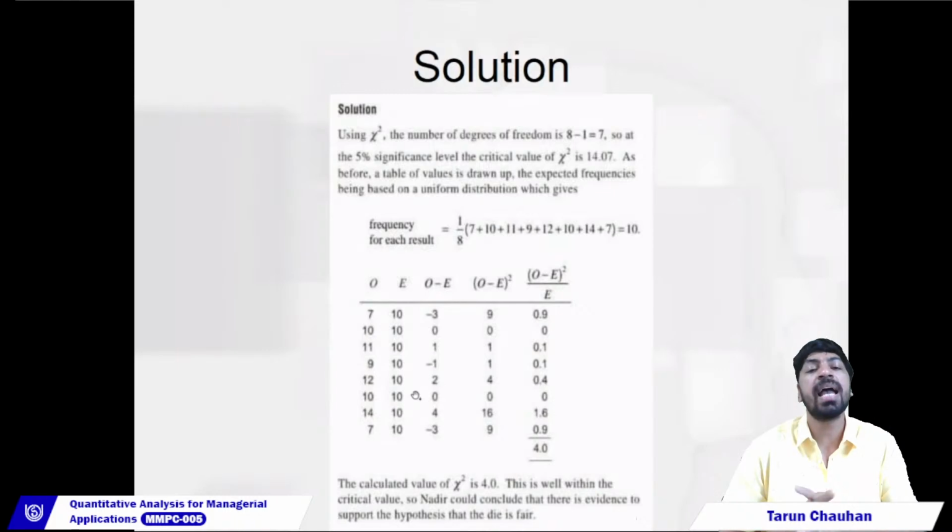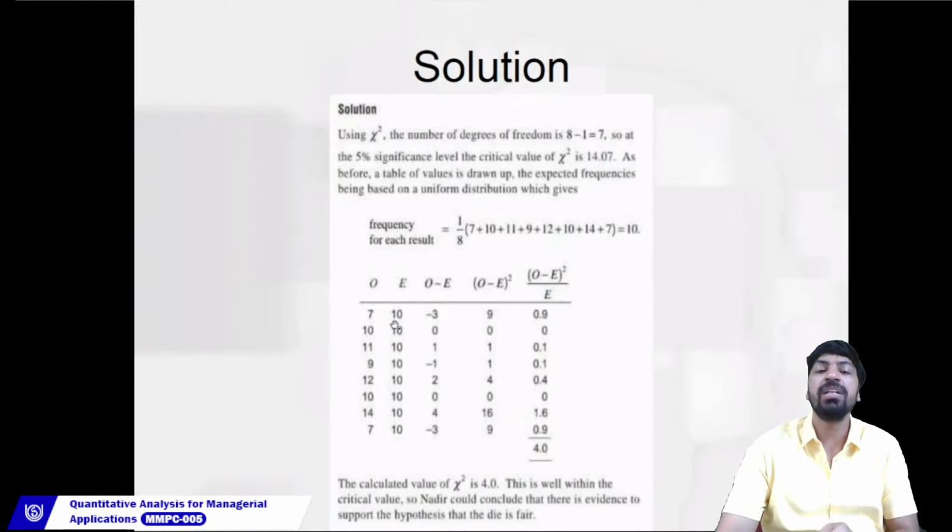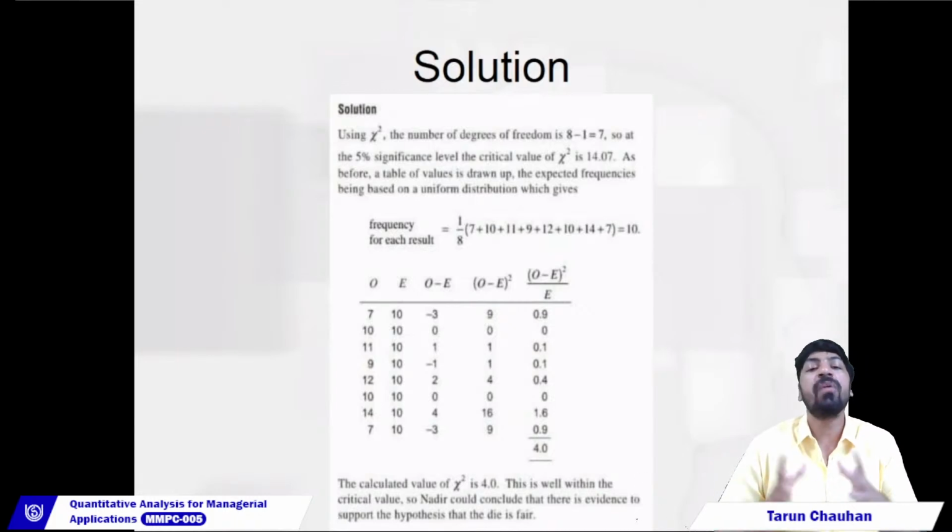Once you have calculated the expected frequency, you need to find the difference between the observed and expected frequency, that is O minus E. One by one you subtract: 7 minus 10, 10 minus 10, 11 minus 10, and so on. Then square the differences: 3 squared is 9, 0, 1, 1, 2 squared is 4, then 16, then 9.